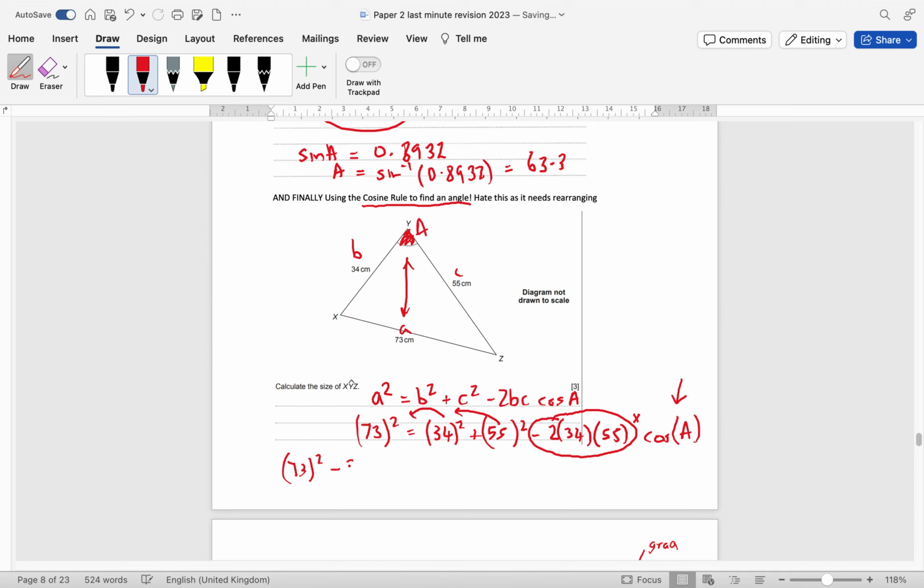It's that minus that when it's gone over, minus that when it's gone over, divided by minus, and again, you may or may not have already worked that out, but that's the awkward bit, that minus 2bc, because the minus 2bc is times in cos A, the opposite of that is to divide by that. That's the hard bit. And again, the answer to this is probably going to be 0 point something. You'll then have to cos -1 that to get A.